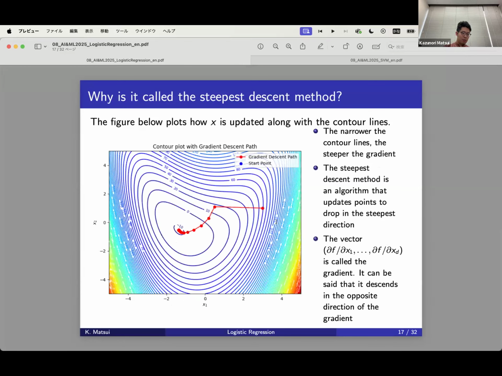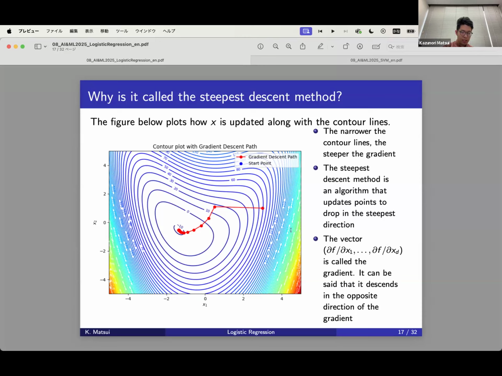The steepest descent method updates the data in the steepest direction at that location. By repeating the update in the steepest direction, it moves the data towards the valley bottom.